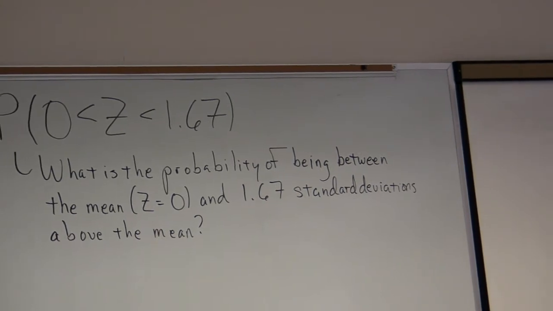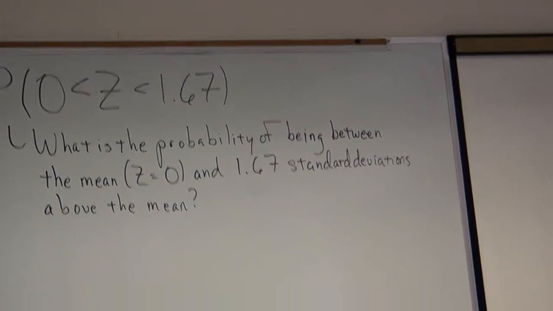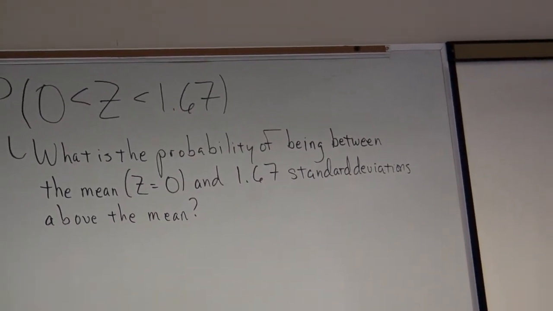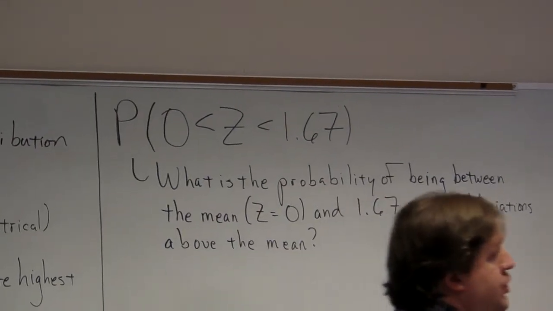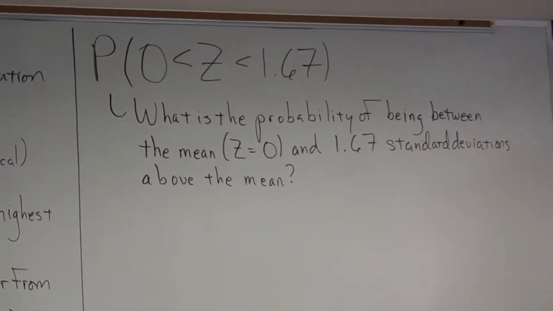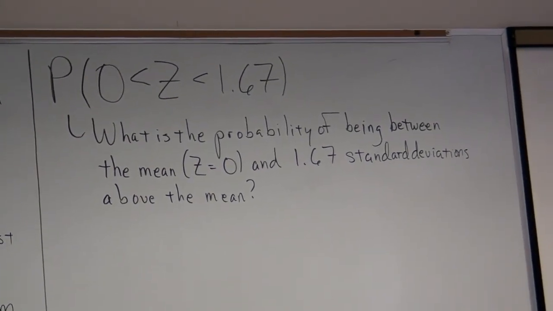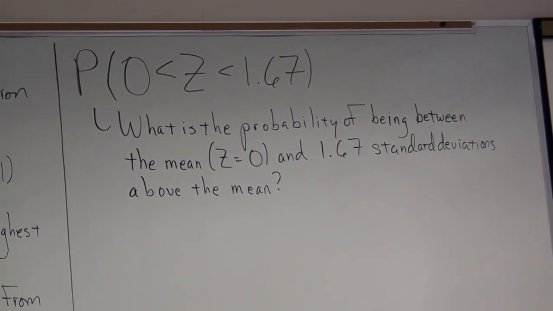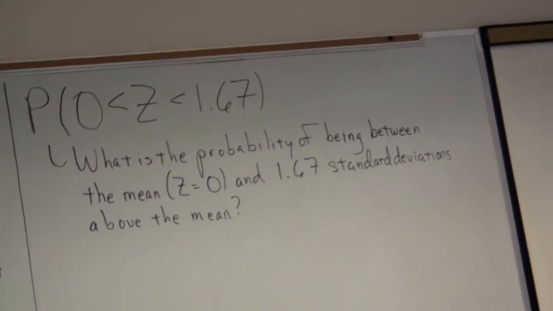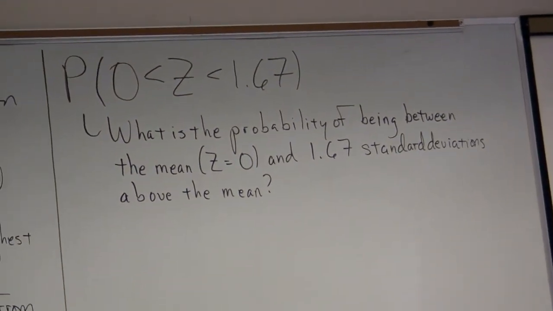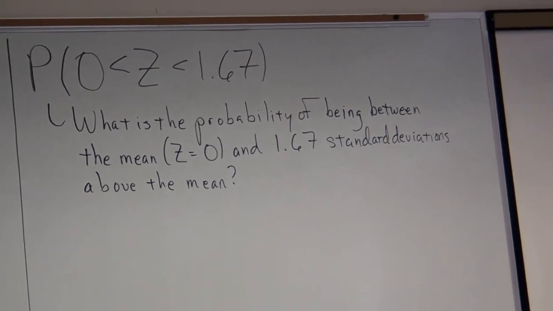The mean has a z of 0. So what's the probability of being between the mean of 0 and 1.67 standard deviations above the mean? That's what I'm looking for here.